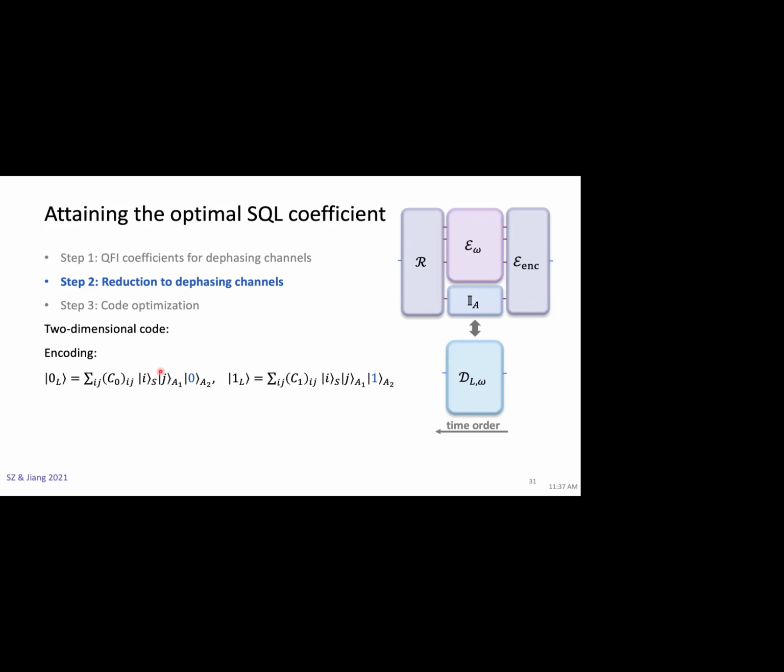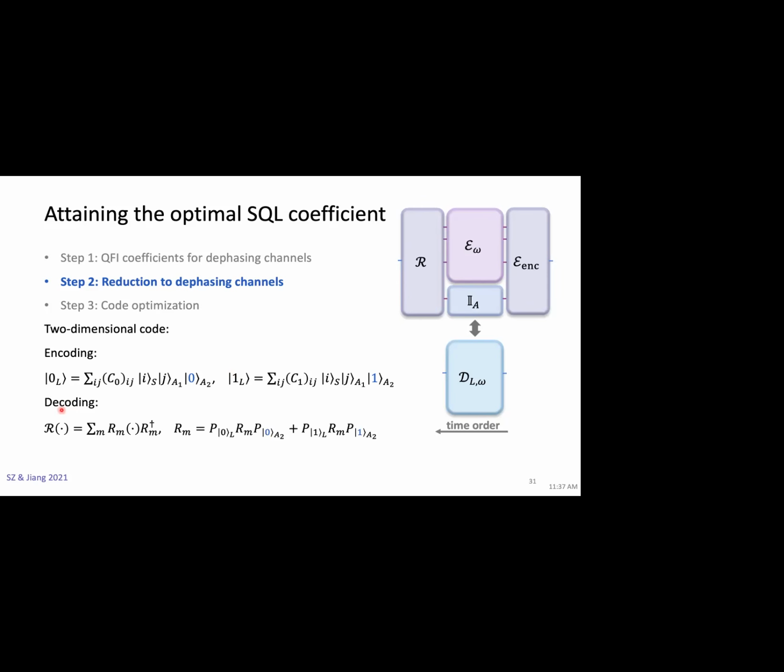The trick is that we assume the ancillary space is 2 times larger than the system subspace. So basically, A1 is the same as S, where S is the system and A1 is just the first register of the ancillary space. And we also assume an additional register, A2, which is 0 for the logical 0 state and 1 for the logical 1 state.